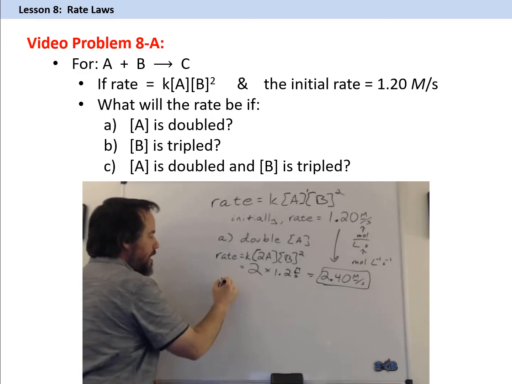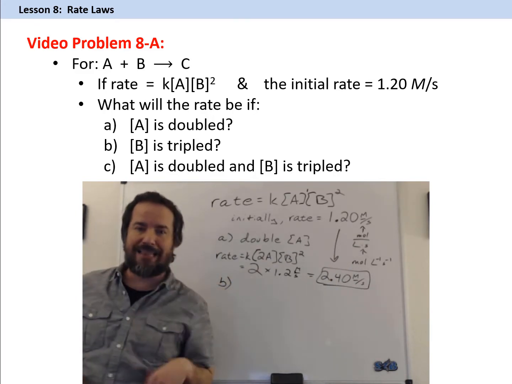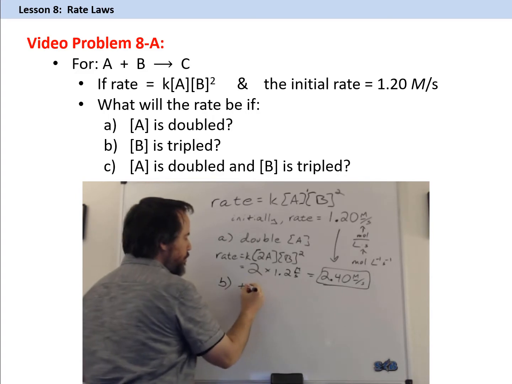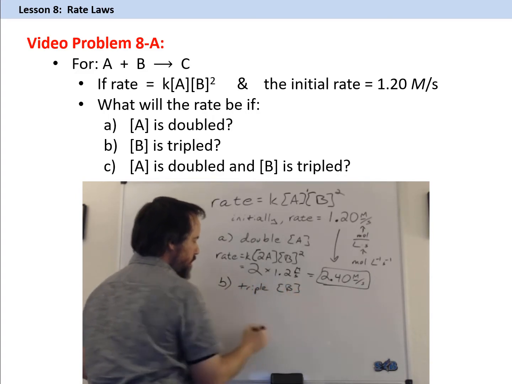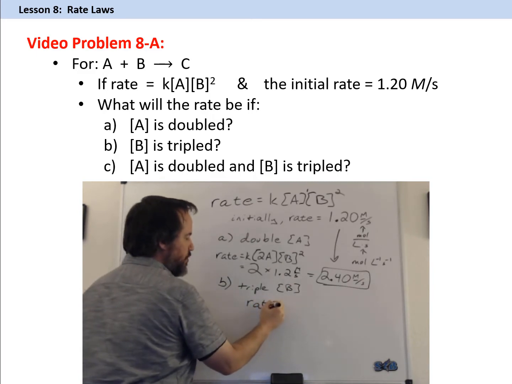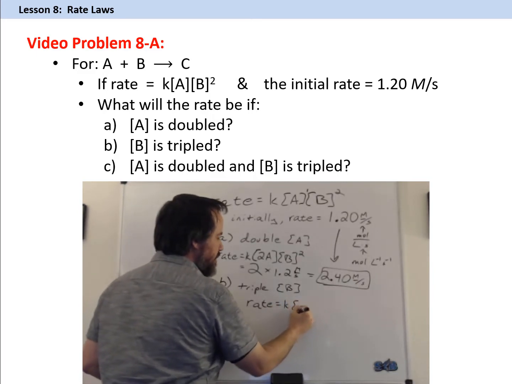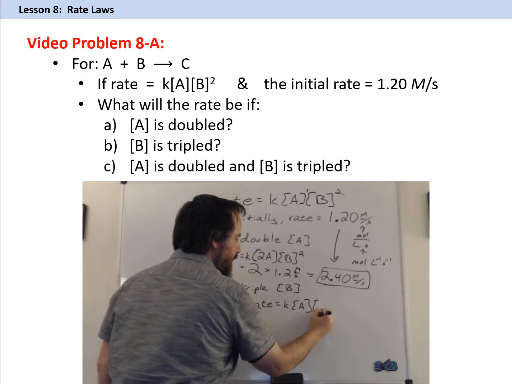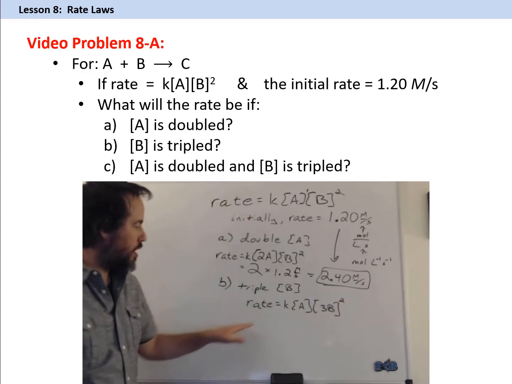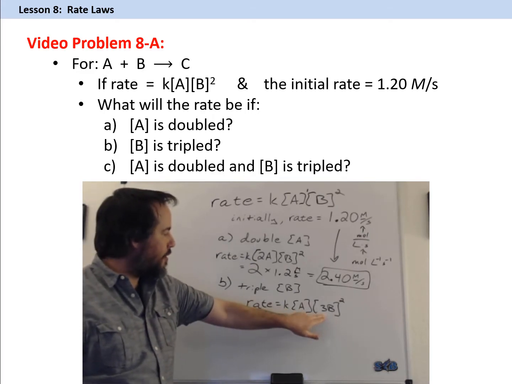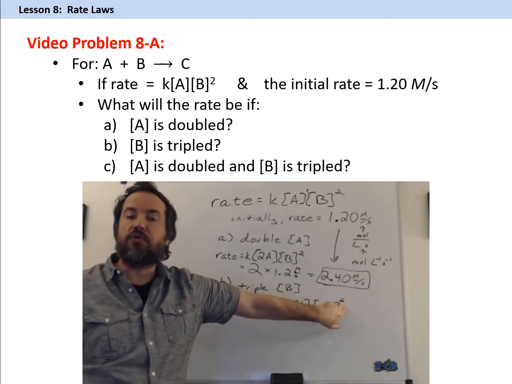All right, let's look at letter B. In letter B, I triple B. So I have my rate equals K times A times now 3B squared. So notice my 3 is also squared.